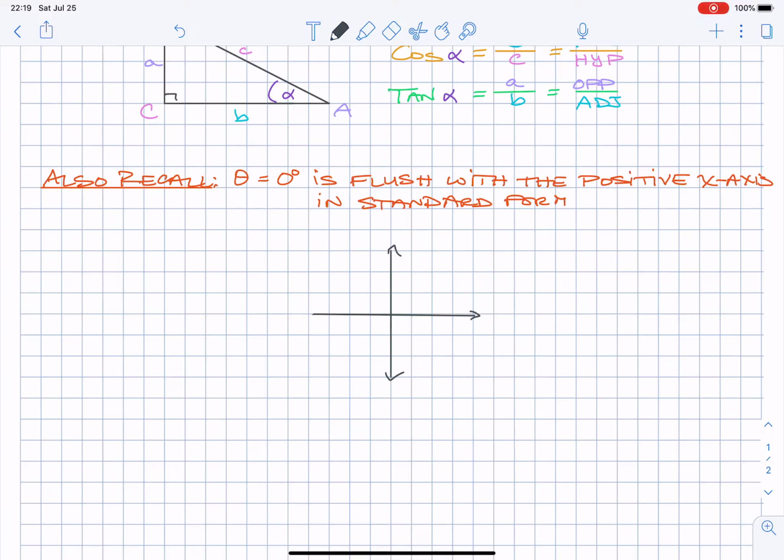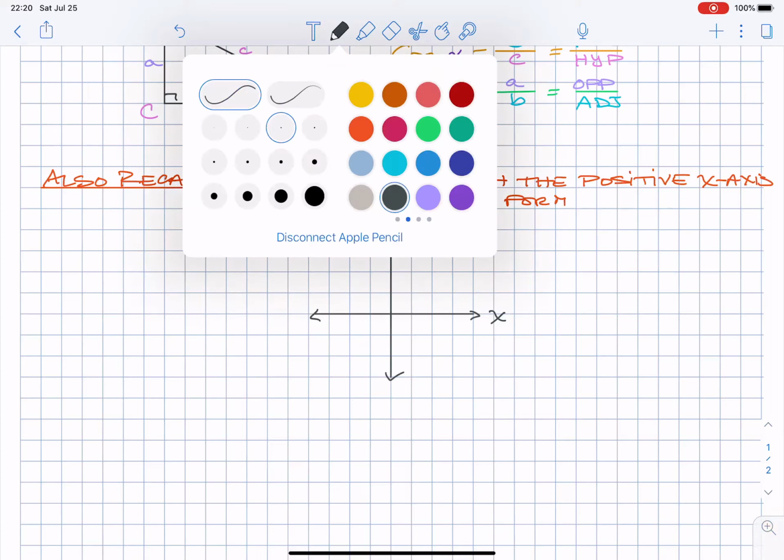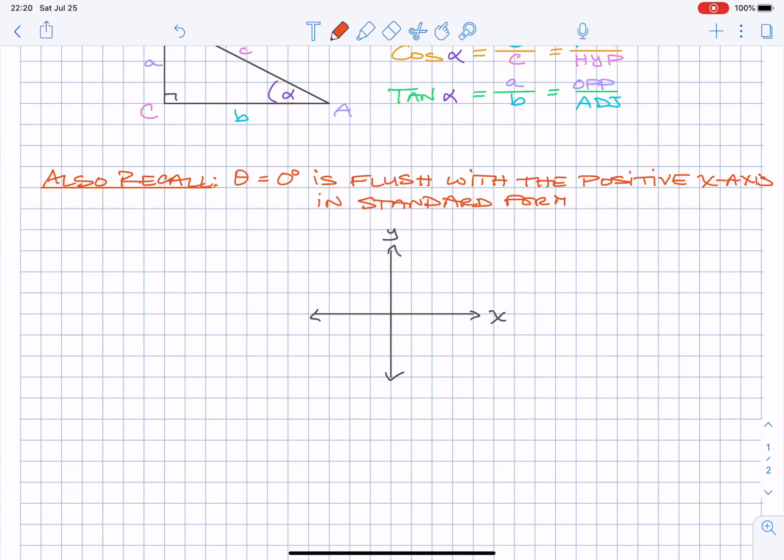Okay, so we have our x and y coordinate axes. What happened? Let's delete this. I don't think it's straight. There we go, that's better. Okay, so we have 0 degrees along the positive x-axis.